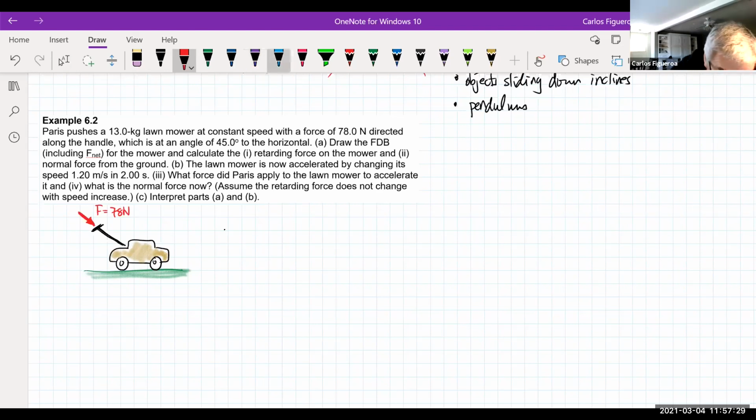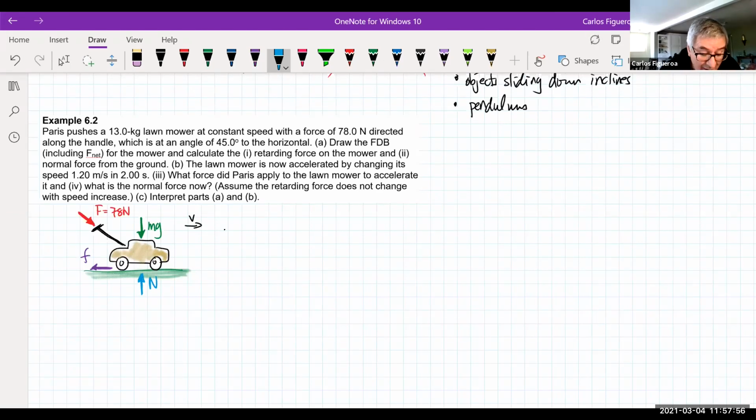So of course, we expect that we're going to have friction in this direction. Why is friction in that direction? Because I'm assuming that the velocity is in that direction right there. Of course, we have gravity pushing down. And of course, we have the ground pushing up, which is what we call the normal. And so that's kind of the picture that I'm thinking about.